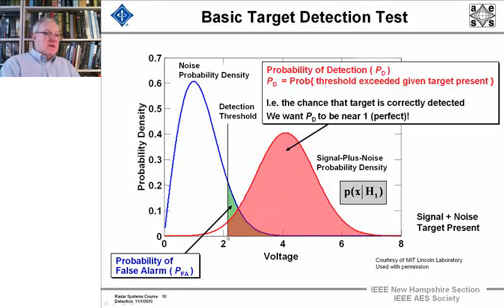Now, the integral from that same threshold up to infinity of this distribution is the probability of detection. In what is pink, that's including this area underneath here. That's the probability of detection, that the threshold is exceeded, given that a target was present.